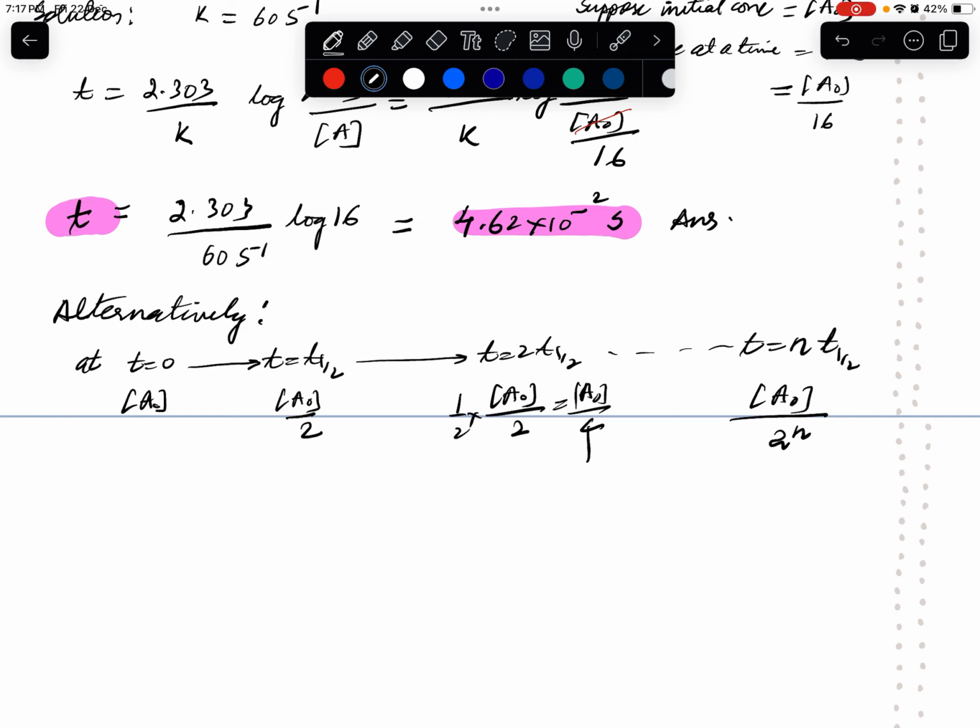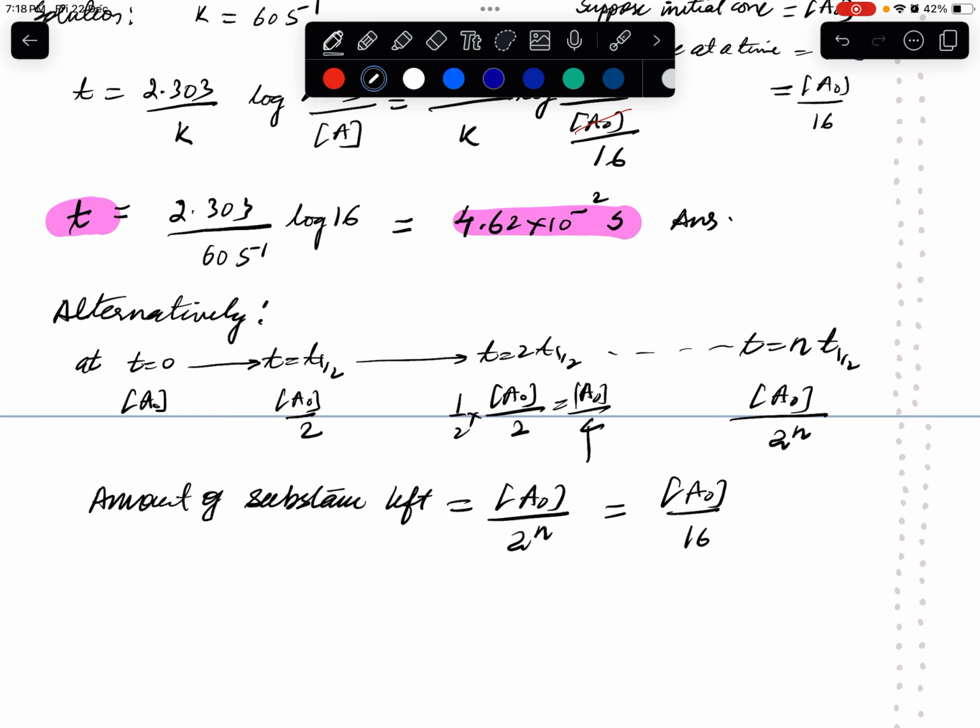In our case, the amount of substance left is given by A naught by 2 to the power n, and here it is A naught by 16.